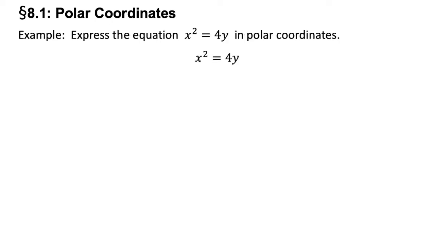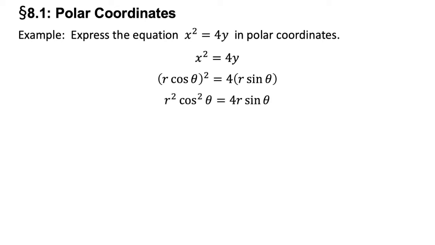Another example: express the equation x squared equals 4y in polar coordinates. Replacing x with r cosine theta and y with r sine theta, we get (r cosine theta) squared equals 4 times r sine of theta.